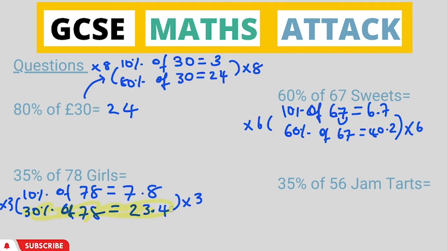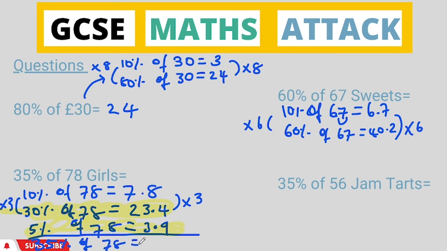So far we've got 30, so we need 5 more. So 5% of 78 is going to be half of 7.8. Now half of 7.8 is 3.9. Right, so we're going to need this as well. So 30 plus 5, which is 35%. So 35% of 78 is going to be 27.3.